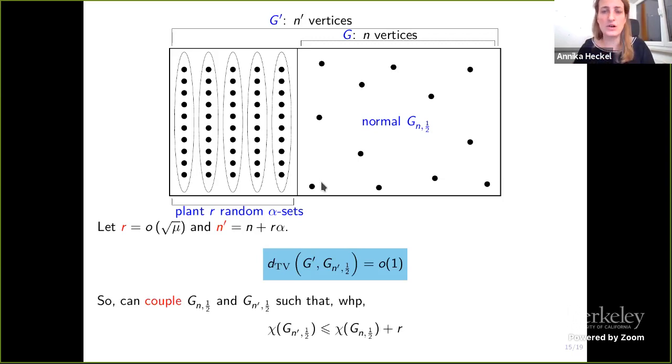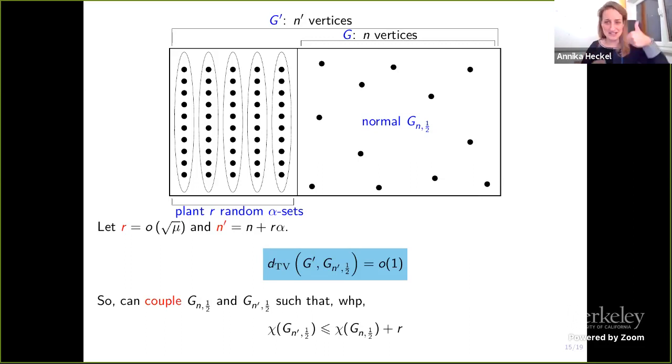Okay, so overall we've constructed a coupling of G(n, 1/2) and G(n', 1/2) so that the chromatic number of G(n', 1/2) is at most the chromatic number of G(n, 1/2) plus R. Because whenever we have a coloring of the inner random graph, we can add each of these sets as their own color class and get a coloring of the whole graph.